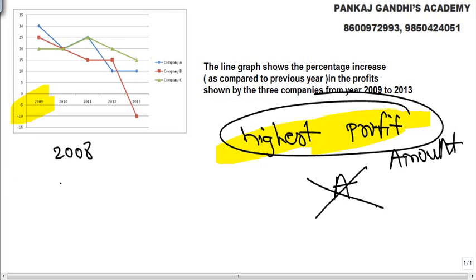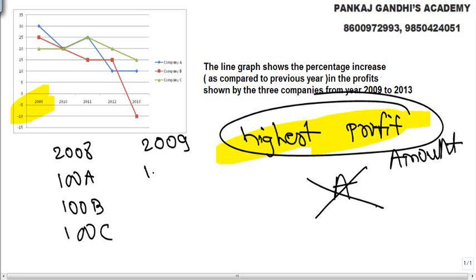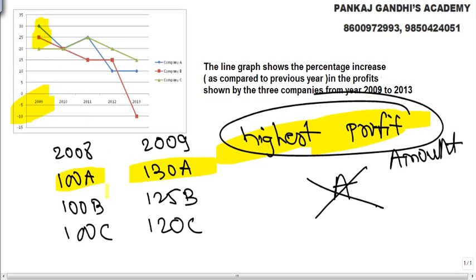Means 2008 में if A had 100A, B had 100B, C had 100C, तो 2009 में A will be 130A, B will be 125B and C will be 120C. So no, A grew by 30%, 100 था तो 130.